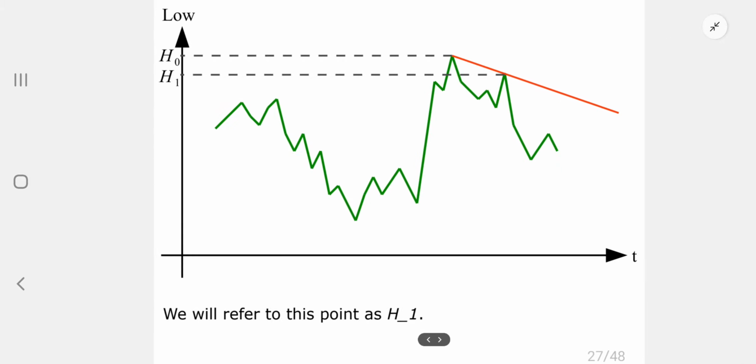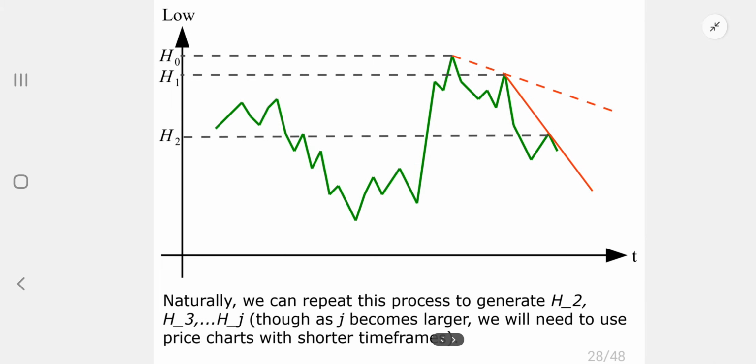We will refer to this point as H1. Naturally, we can repeat this process to generate H2, H3, all the way until Hj. Though as j becomes larger, we will need to use price charts with shorter time frames.